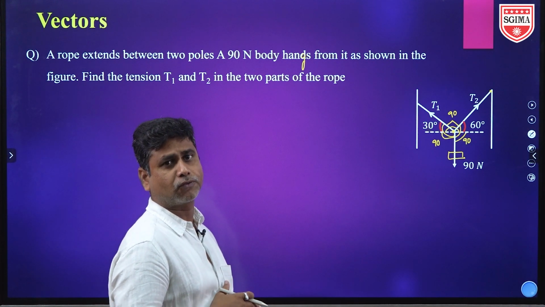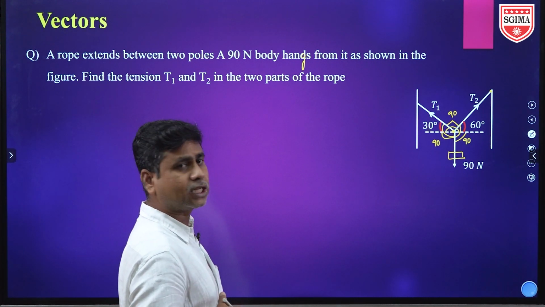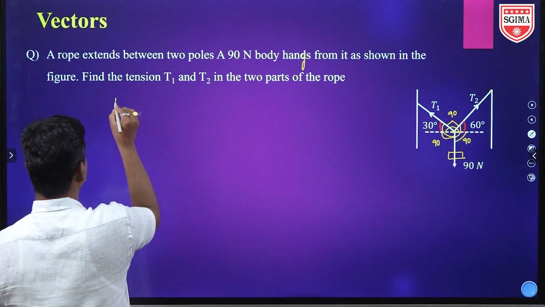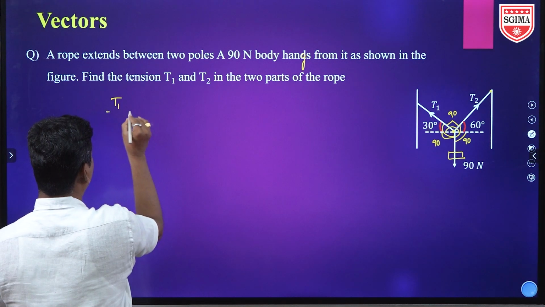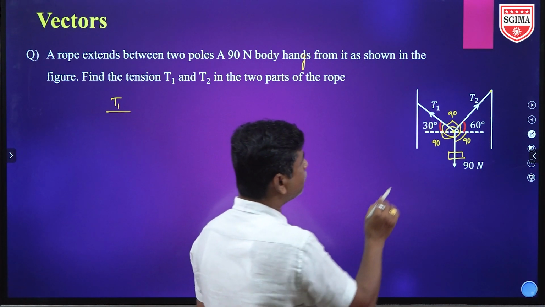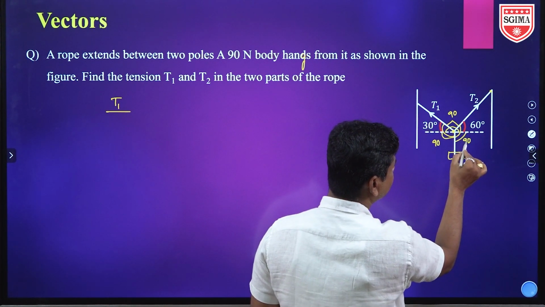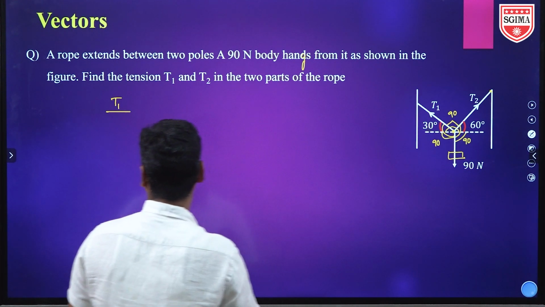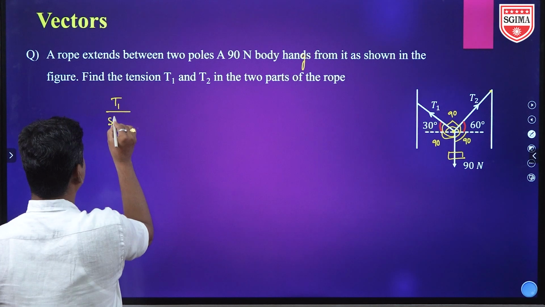With the help of Lami's theorem, we will find the T1 and T2 values. Write T1 upon the sine of its opposite angle, 60 plus 90 is 150, so sin 150.